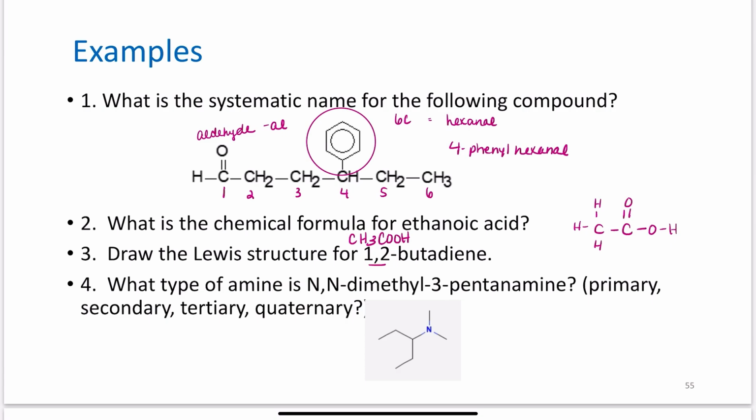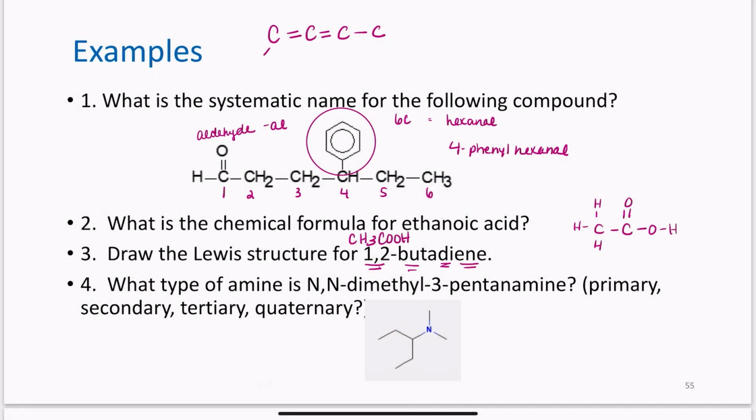Draw the Lewis structure for 1,2-butadiene. The ene is telling me I have a double bond. The di is telling me I have 2 double bonds. And the 1 and 2 is telling me where those double bonds are. The but is telling me I have 4 carbons overall. So let's just draw the 4 carbons first, okay? Now, I know that at the first and second position, I have a double bond.